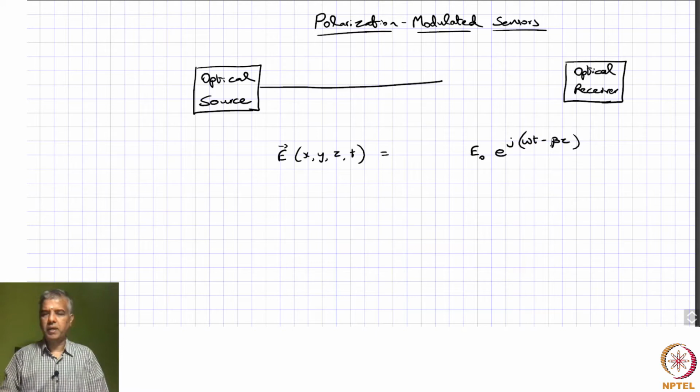So omega corresponds to the angular frequency, and beta z corresponds to the propagation phase. And now we are ready to look at this other aspect, which is the polarization of the light.